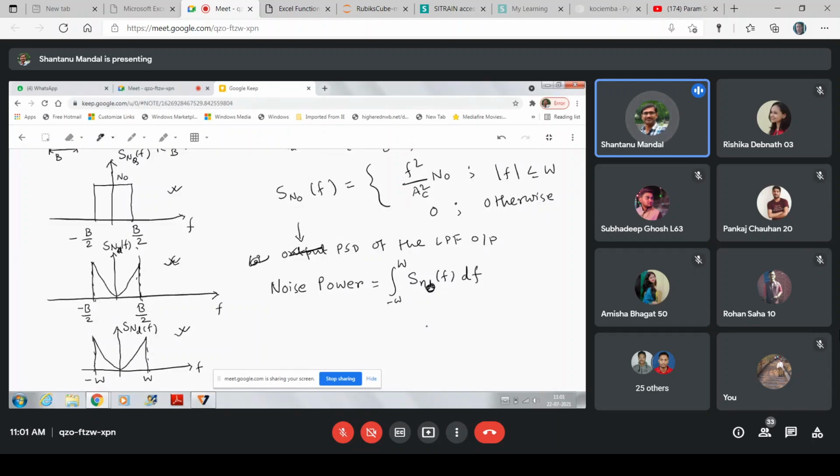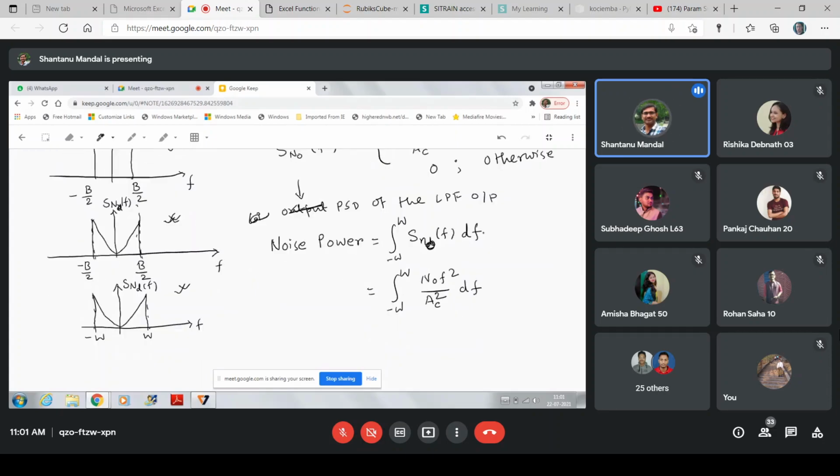Now determine this value. It is the integral from minus W to plus W of N0 into f square by AC square df.